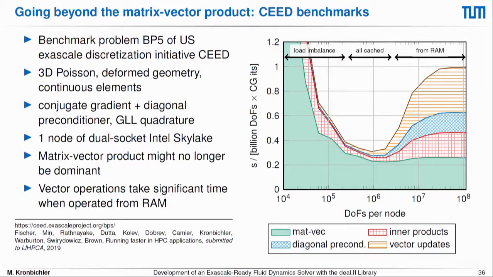You see that the matrix-vector product is no longer dominating. What is dominating is something that everyone assumes is free: the vector updates. The orange part, the vector updates, everyone sees as scalable. There is no communication, but it's memory bandwidth. Of course, when you run in the middle region, when you can run from cache, you don't see this at all. But if you go to large sizes, which many people are interested in, that really hurts you.